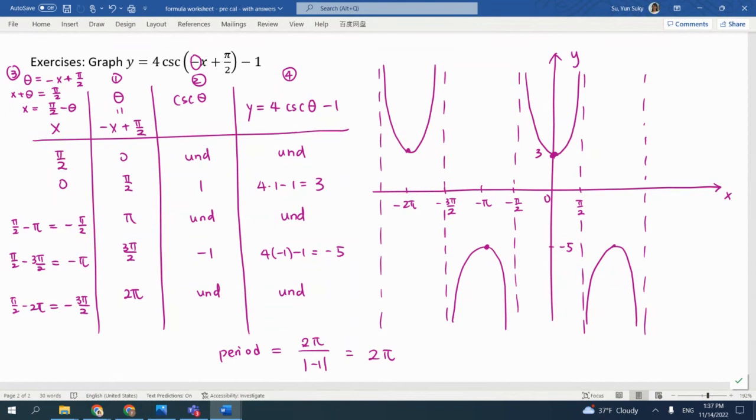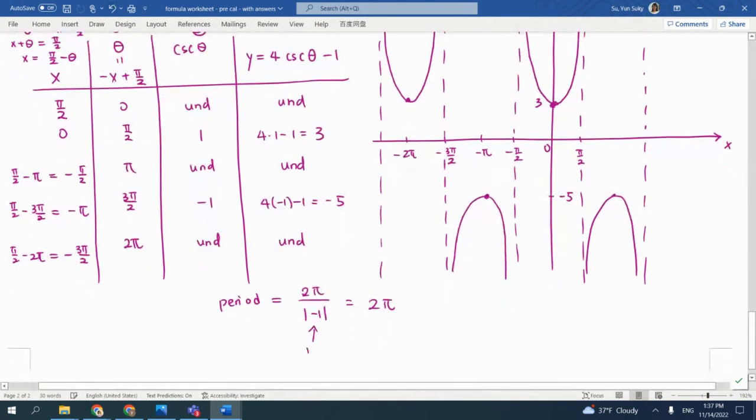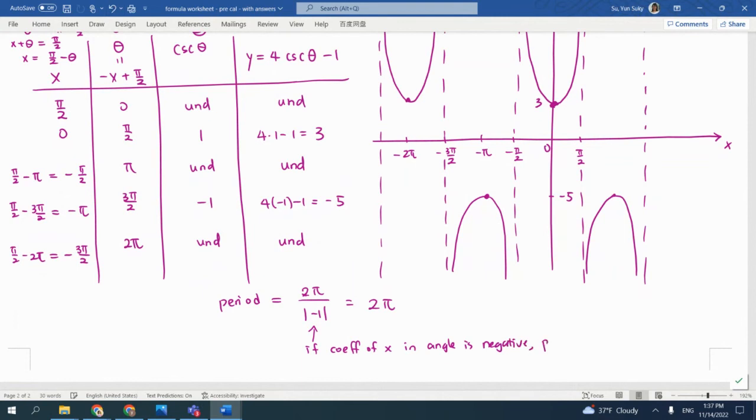Yes. So let me put it down. If the coefficient of x in the angle is negative, use the absolute value. Your period is always positive. You don't have a negative period. Okay, everybody?